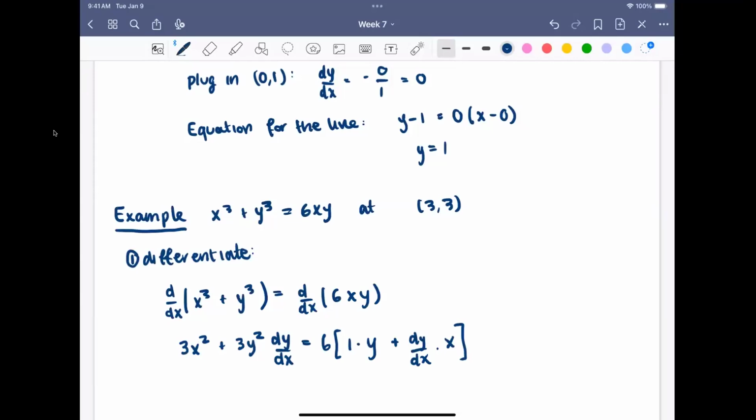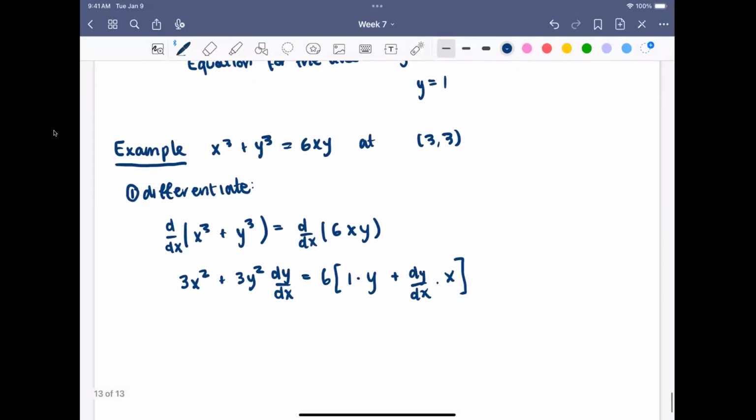Okay, so we'll solve for dy/dx. I'll put all the dy/dx terms on the left-hand side and all the other stuff on the right-hand side. So we get 3y squared dy/dx minus 6x dy/dx. By the way, when I'm doing something like this, I like to look at the previous equation and put a check mark over the terms I've already dealt with.